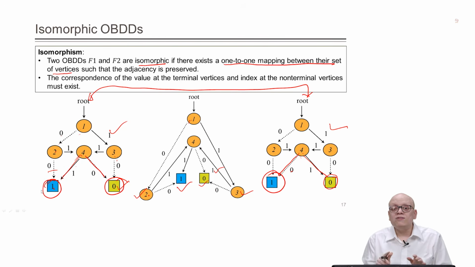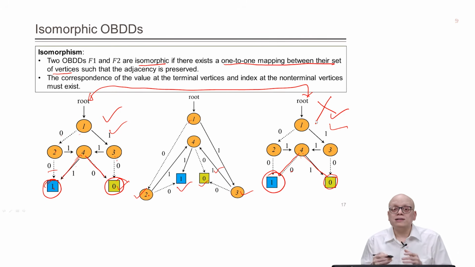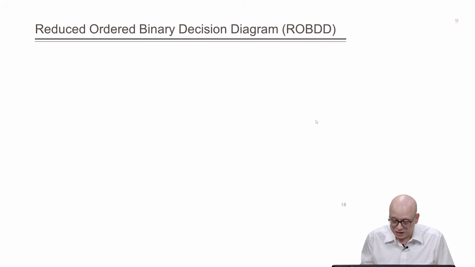So, the leaf vertices do not correspond, and therefore, these two OBDDs are not isomorphic. So, now we understood what is an isomorphic OBDD and what is a non-isomorphic OBDD.